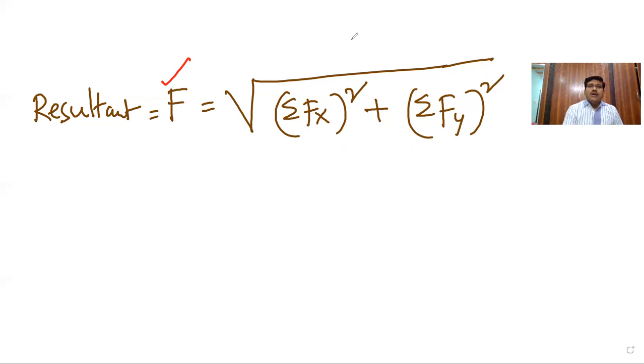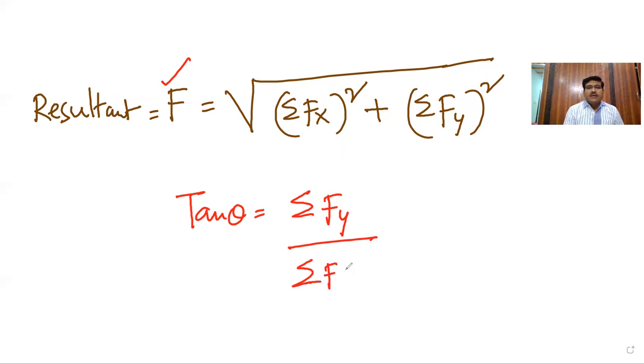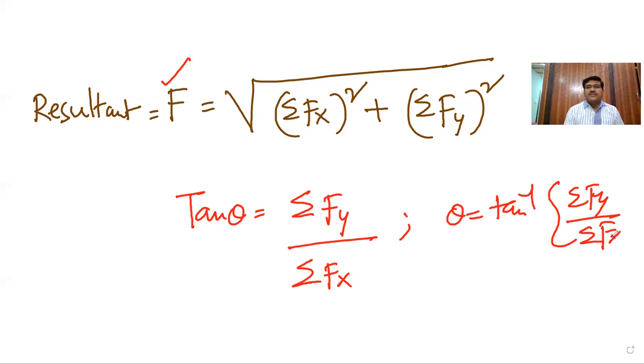Clear? Now, if you need the direction of the resultant vector, tan theta, in the constructed triangle, be careful about the construction of the triangle, resultant with respect to the x-axis: sigma of the vertical components divided by sigma of the horizontal components. Theta is tan inverse of sigma Fy by sigma Fx.